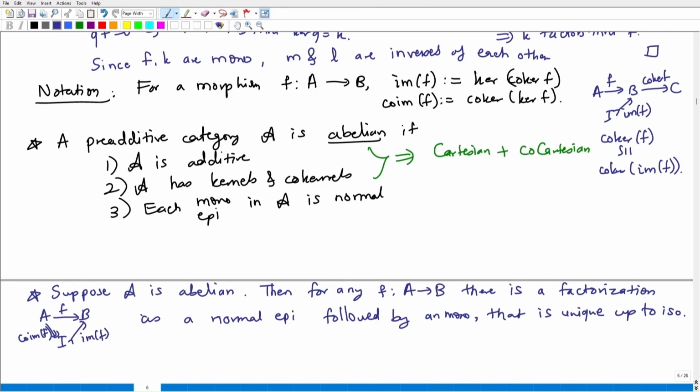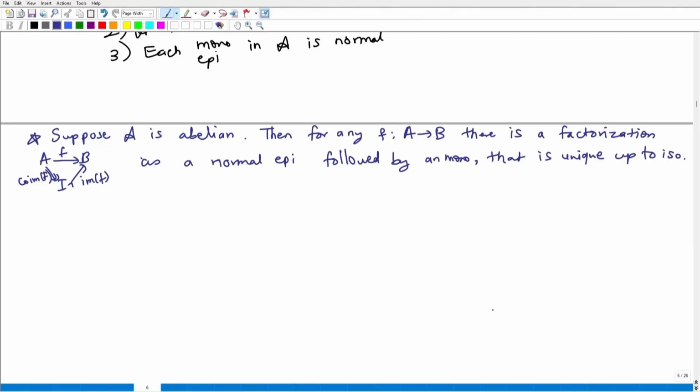Normality is not really required, but you can also prove one half of this result in a semi-additive category. That it's a normal epi followed by a mono, and beforehand you have a pseudo epi, a morphism whose co-kernel is 0. So you can do it both ways. Normal epi followed by a mono. This was just an English problem. Thank you.